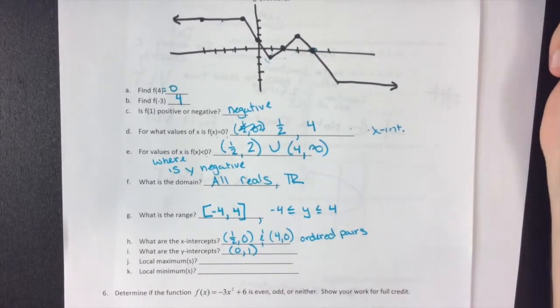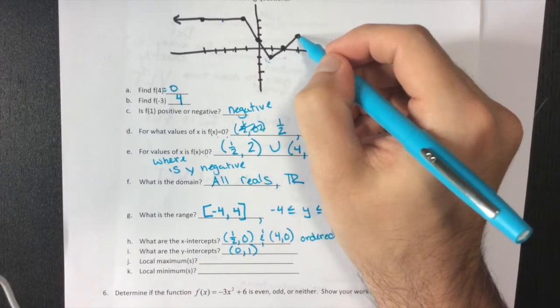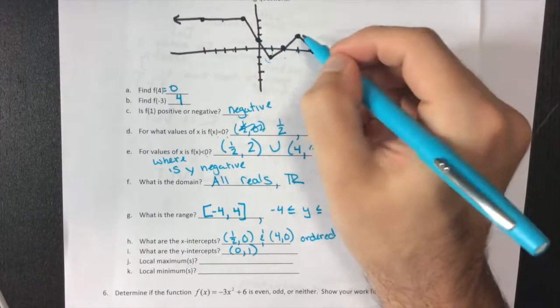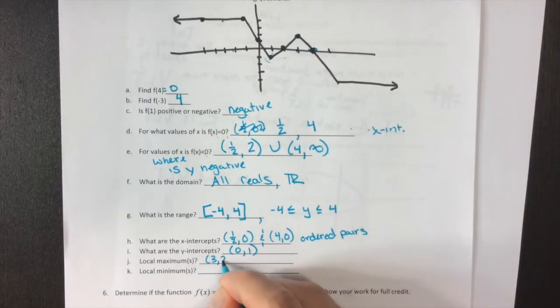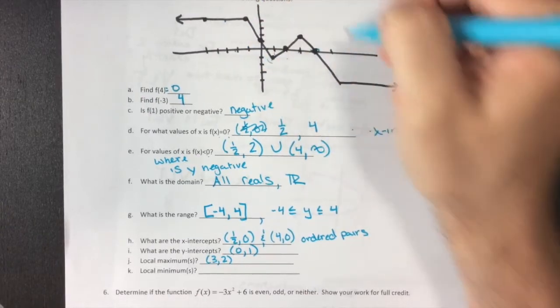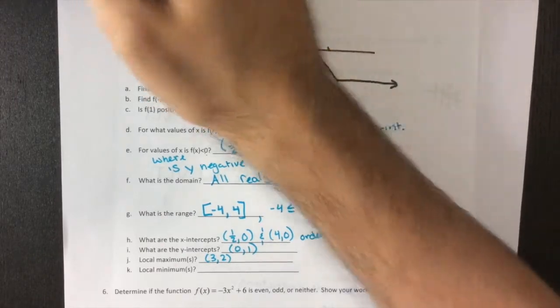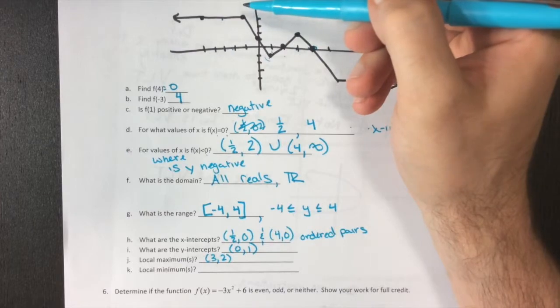For my local maximums, so my local max, I see that I have 1 right here at 3, comma 2. At -1, 4, and 4, at -1, 4, we don't really have a change in direction, so we can't say that this point is a maximum.